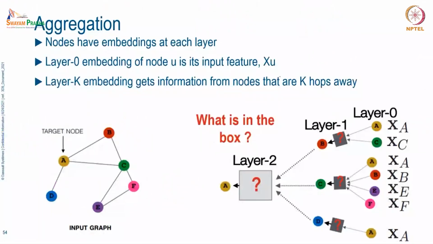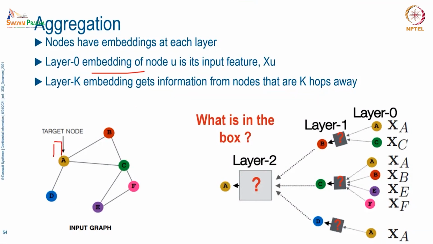Okay, so we were at the aggregation stage. What are these black boxes in this aggregation stage? In general, they are just neural networks at these locations, basically small neural networks. The zeroth layer embedding is nothing but the feature vector of that particular node.